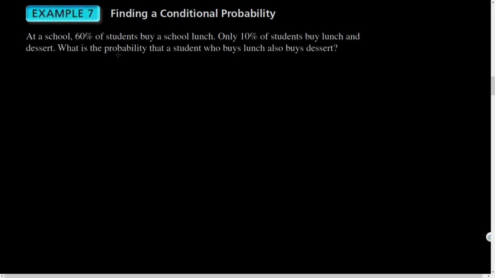So I want the probability that someone who buys lunch also buys dessert. I'm trying to figure out the probability of dessert given they buy lunch.